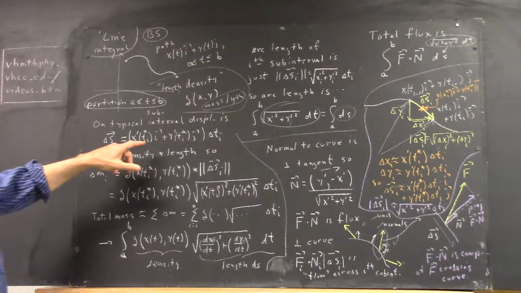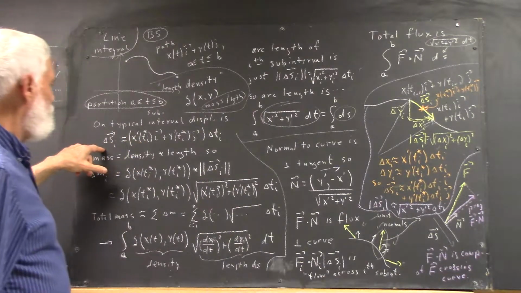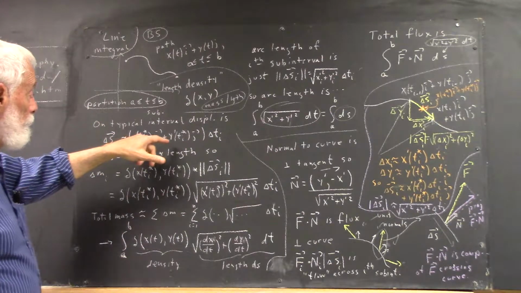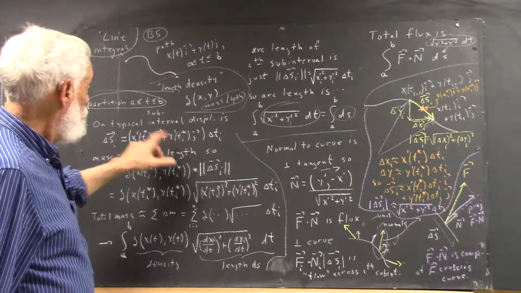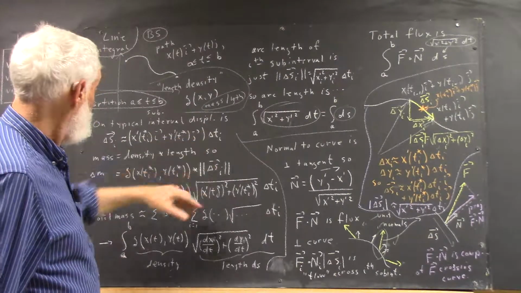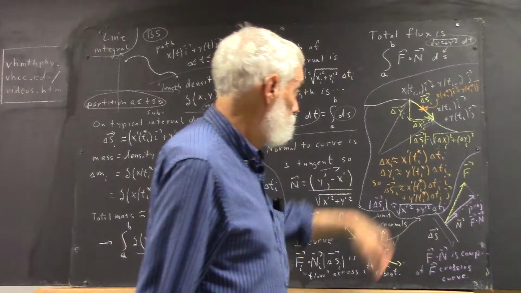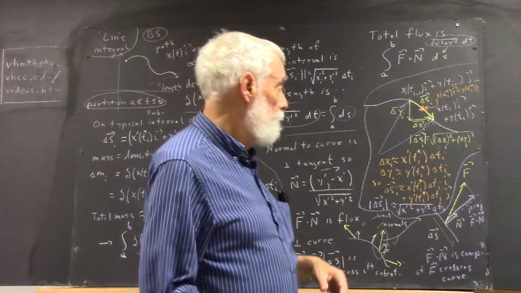I write down that the delta s sub i vector is x prime of t sub i i plus y prime of t sub i j, all multiplied by delta t sub i. I just asserted that, and then decided I needed to give it a little more explanation, so we come over here and get it.